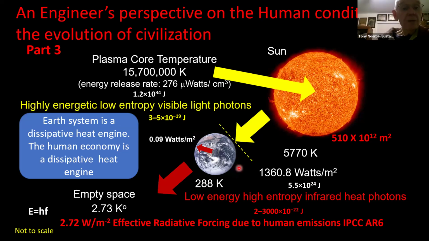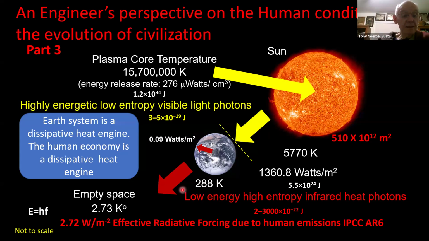So this is the third of my lectures. It's Engineer's Perspective on the Human Condition. This is the evolution of civilization. Again, my template here, or my cover page: the sun is a source of a heat reservoir.